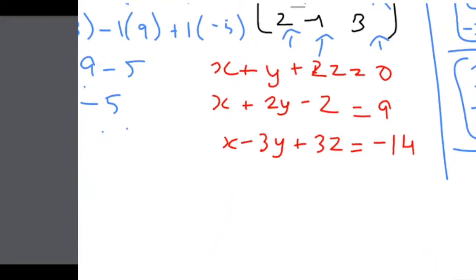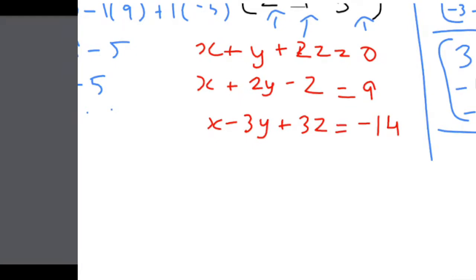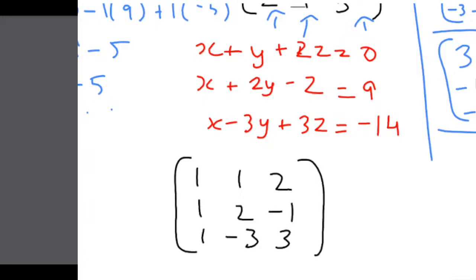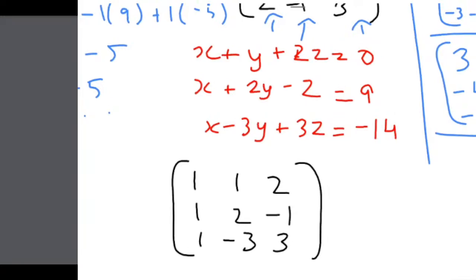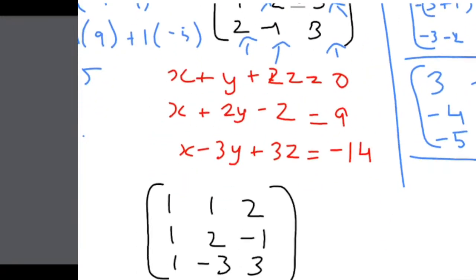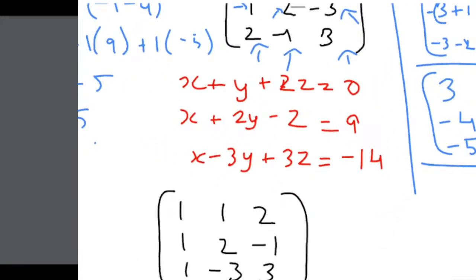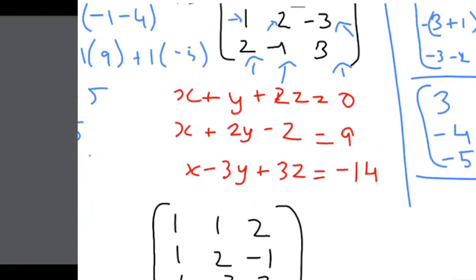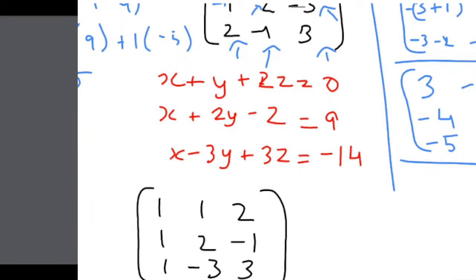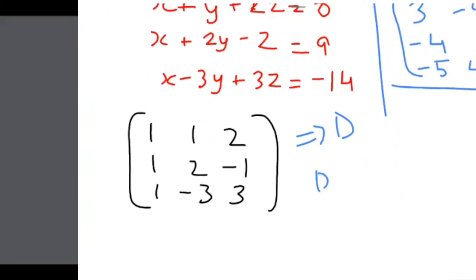Okay, let us write this set of equations as a matrix. So what you will get? 1, 1, 2, 1, 2 minus 1, 1 minus 3, 3. So let us assume this is a matrix D. Okay, so matrix D is A transpose.